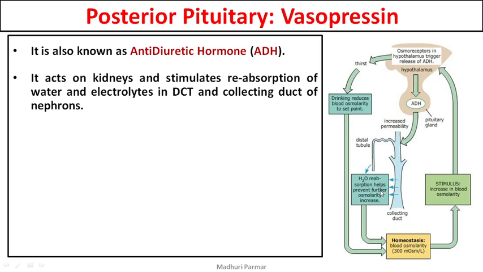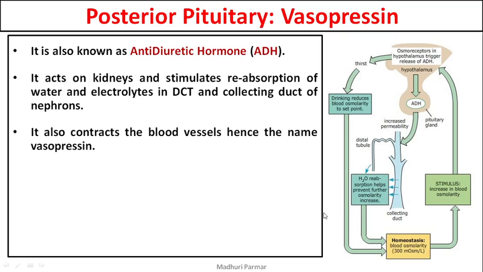So now there is enough water in your blood. Why? Because you absorbed water back from the urine. So this is how it will act on the nephrons in the kidneys. This is why it is also known as antidiuretic hormone.